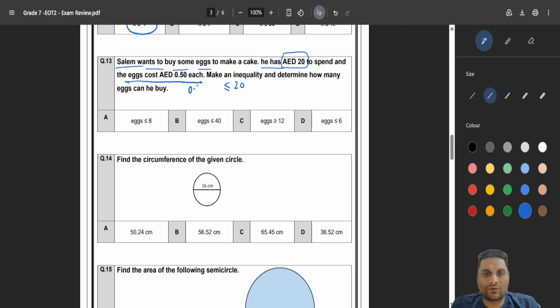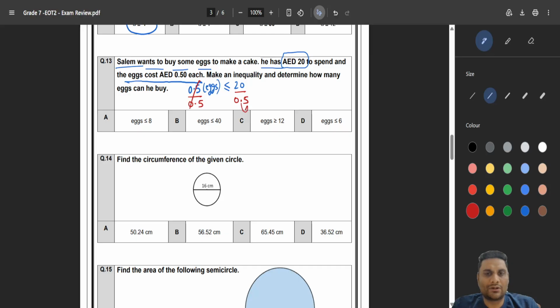0.5 dirham for one egg. So let's say I am buying some eggs. I don't know how many. So those eggs multiplied by 0.5 should be less than or equal to how much money? 20 dirhams, correct? So how will I solve this? Here what do I have? Again multiply. Nothing in between means multiply. So what will I do? Divide by 0.5. Class, how will I remove the point?